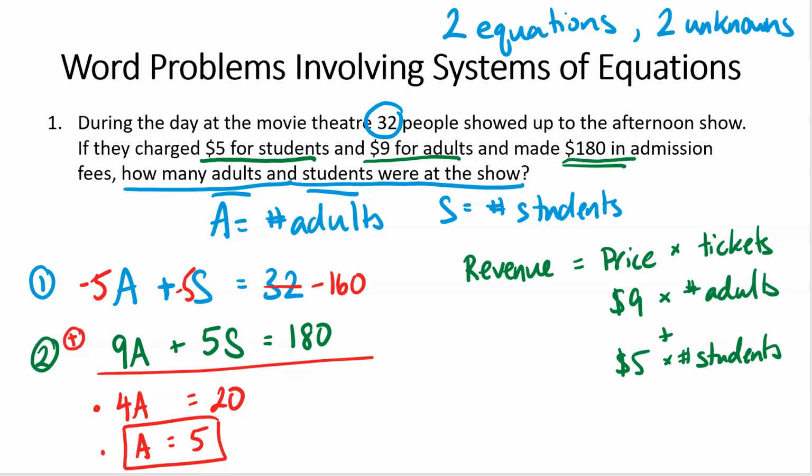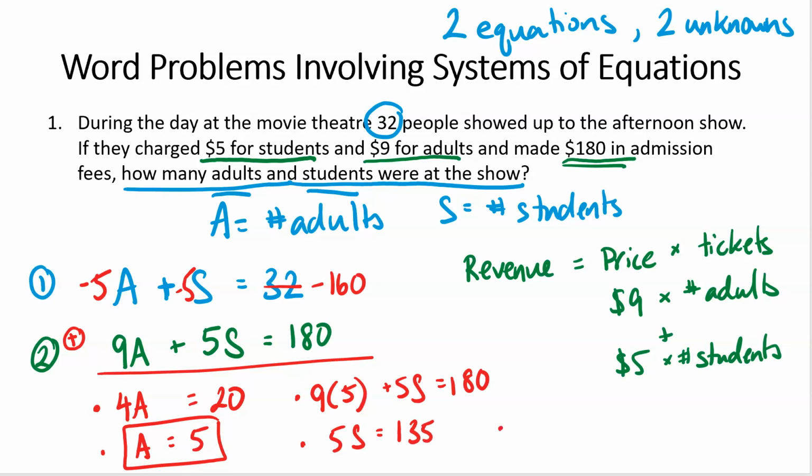Take that A number, and then I'll plug it into equation 2. 9 times A, so 9 times 5, plus 5S equals 180. Now I solve for S. 9 times 5 is 45. I'll subtract that from both sides. I'll get 5S equals 180 minus 45, which is 135.